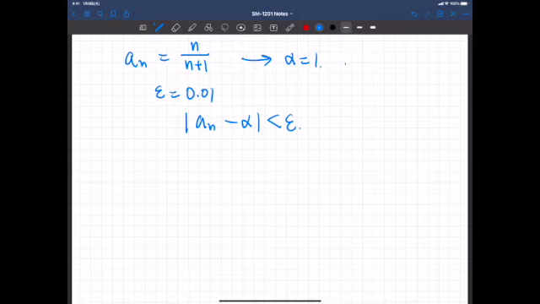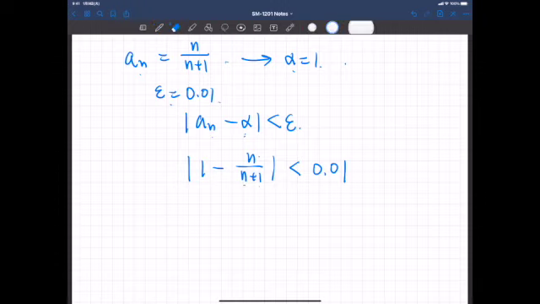In this case, alpha is 1, an is n over n plus 1, and epsilon is 0.01. So we have 1 minus n over n plus 1 less than 0.01. And n over n plus 1 is always less than 1, so we can just get rid of the absolute value.